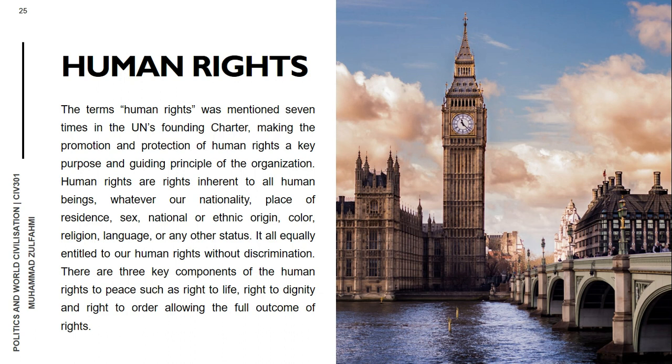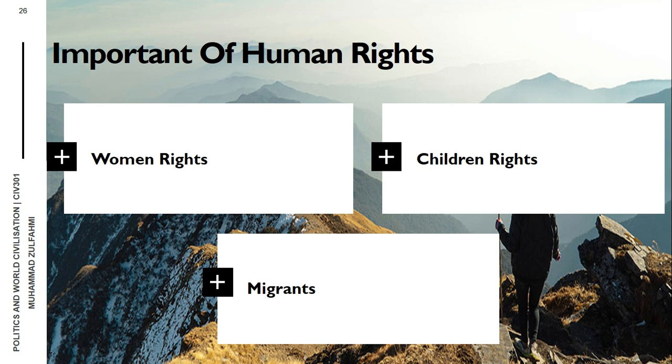There are three key components of human rights to peace, such as the right to live, right to dignity, and right to order, allowing the full outcome of rights. Now we will discuss the three issues that happened in Croatia, Bulgaria, and the United Kingdom. First is women's rights, second is children's rights, and third is migrants.